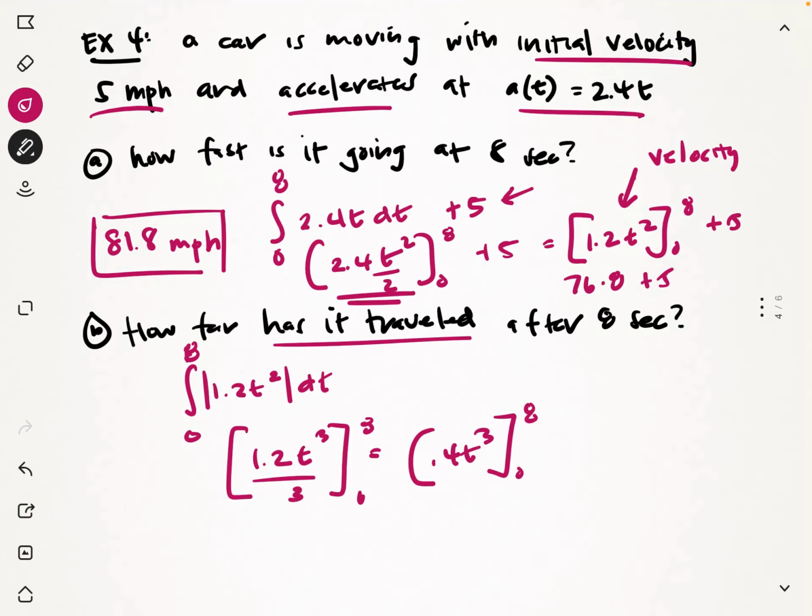So we should be fine with the absolute value part. Now when we plug in here, we get 0.4 times 8 cubed, which is 204.8 minus, and then if we plug in 0 there, we get 0. So 204.8.